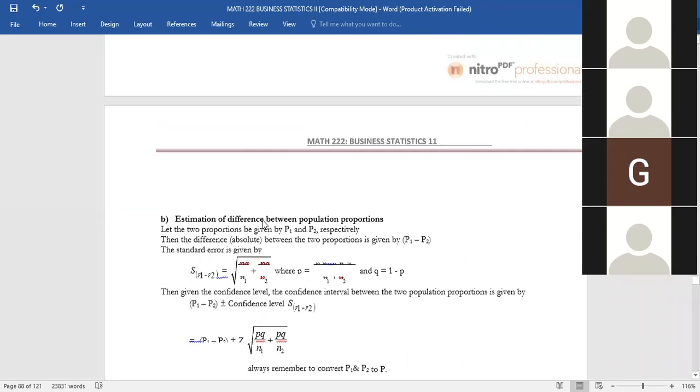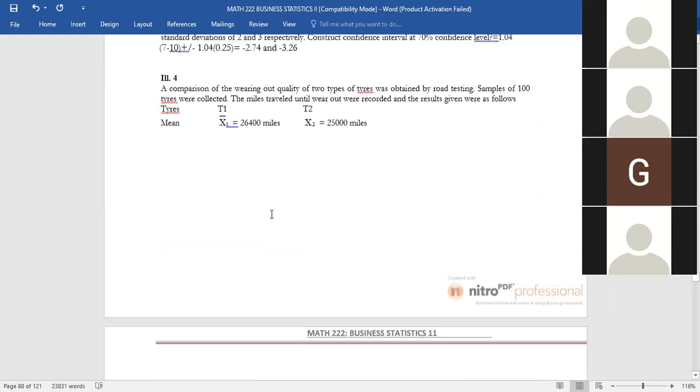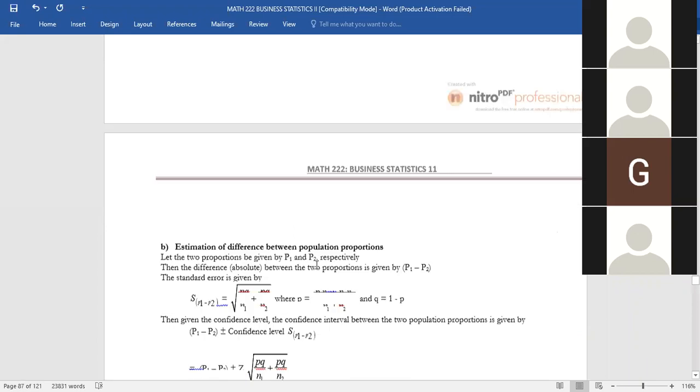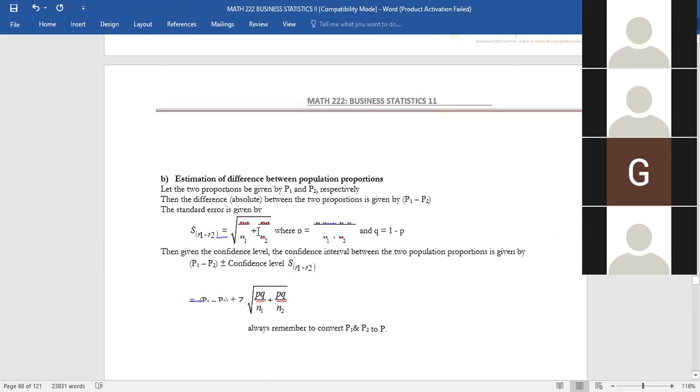It's just like the earlier case where you are getting the difference of the means. I've said the logic here is to make sure that in between here, this is a plus. This is where students go wrong. The examiner will be testing whether you know that when you are doing the differences, either between the sample means or the sample proportions, when you minus on this end, when you come here, you are going to add.